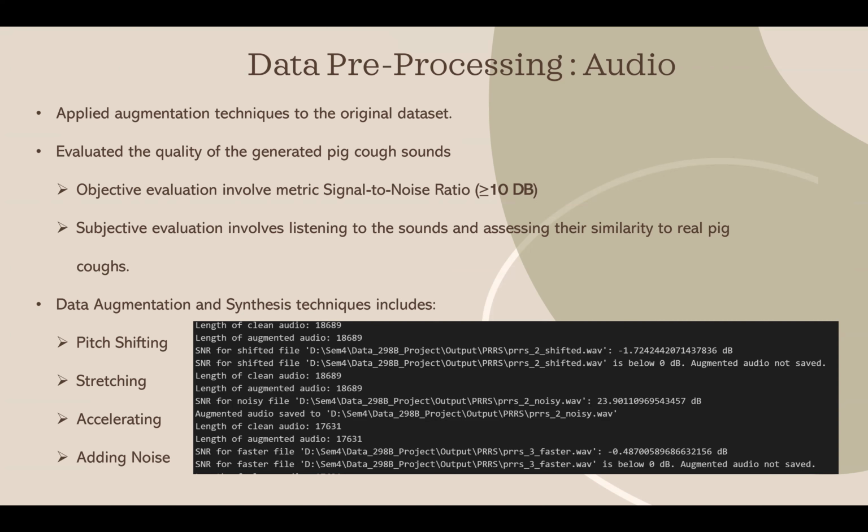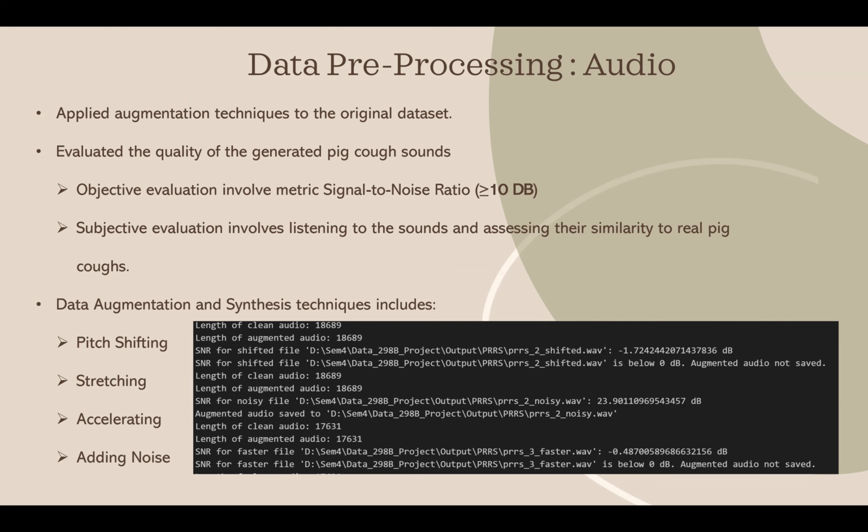In objective evaluation, we implemented a metric called signal to noise ratio, which compares the amount of signal present in an audio file to the noise in the audio file. Anything above 13 decibels is good for classification, and anything above 20 is very good for classification tasks.